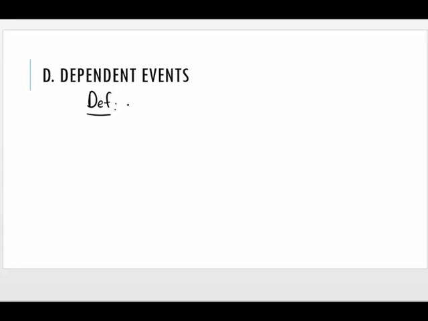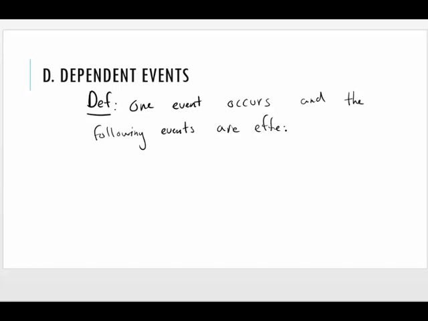A dependent event is when one event occurs and the following events are affected. And it's compounded.